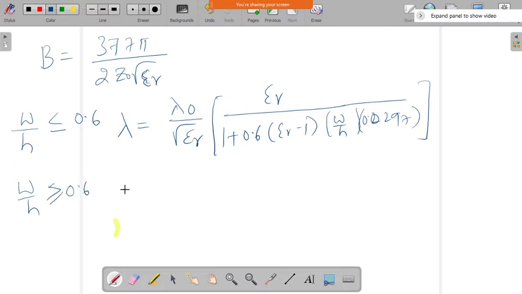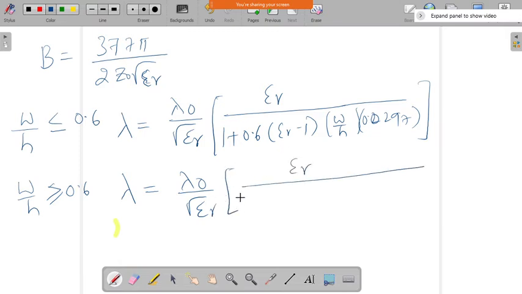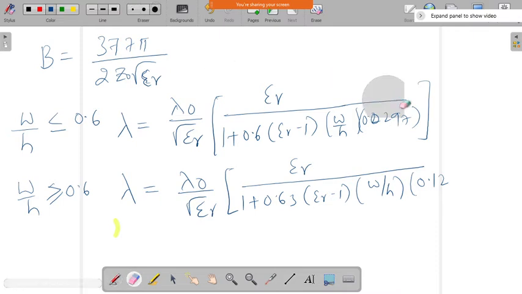And for W by H greater than or equal to 0.6, you can use lambda by root epsilon r into epsilon r divided by 1 plus 0.63 into epsilon r minus 1 into W by H, into 0.1. So this is actually not a product, it is a power: W by H to the power 0.0297.